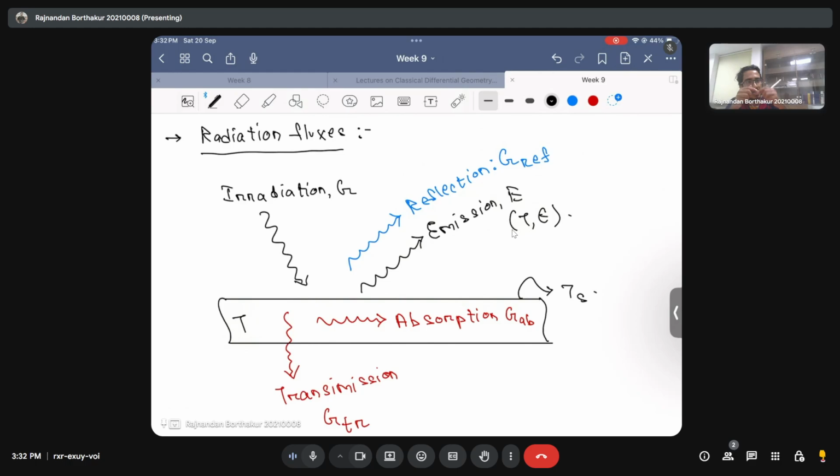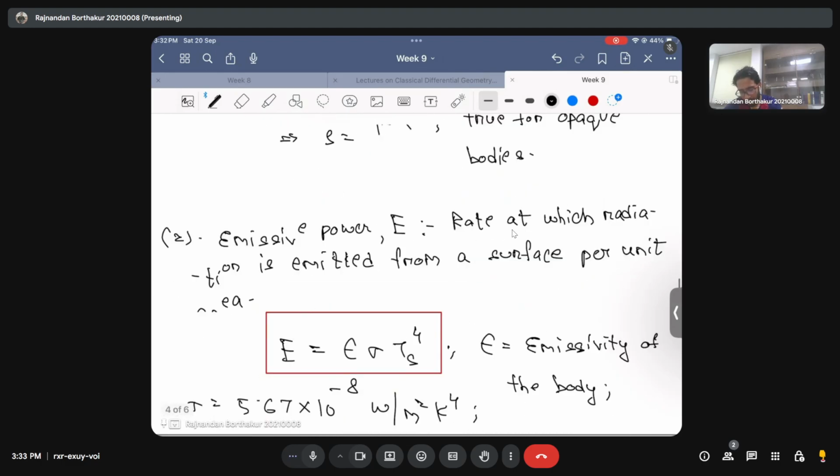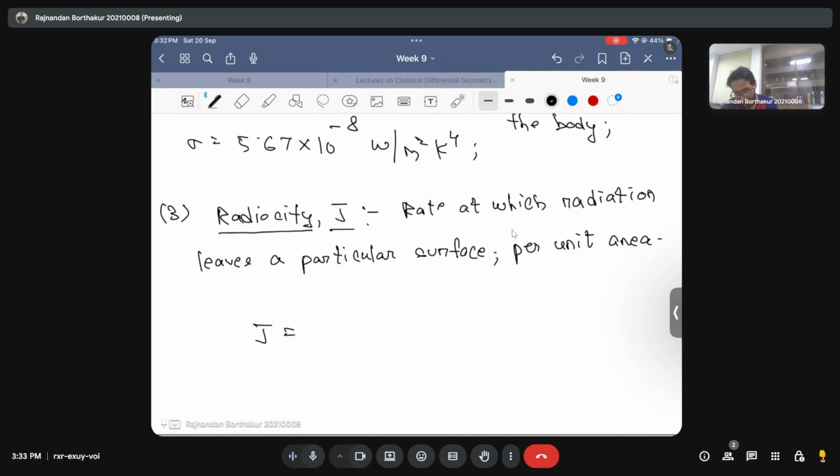Okay, so the radiation that leaves a particular surface comprises two things: the reflected part of the incoming irradiation, which is G, and the emissive power, which is E. So you can write this J as E plus G_ref.